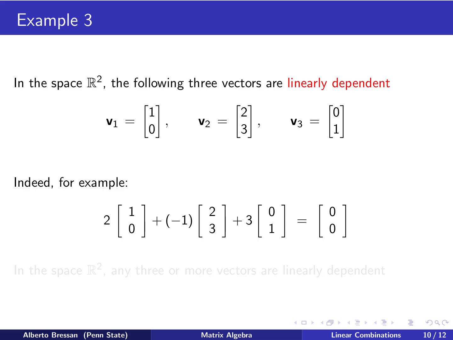Okay, so these 3 vectors are linearly dependent. And actually, we can put a more general remark: if you're in space R2, that is, vectors of 2 elements, then when you pick any 3 or more vectors, they are always linearly dependent.